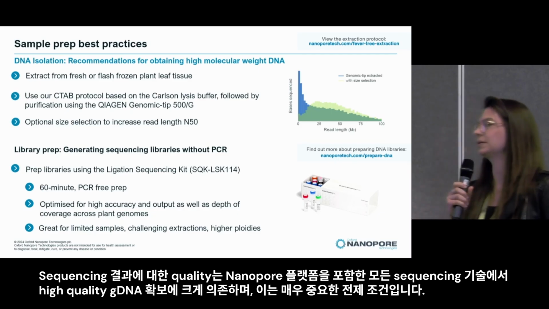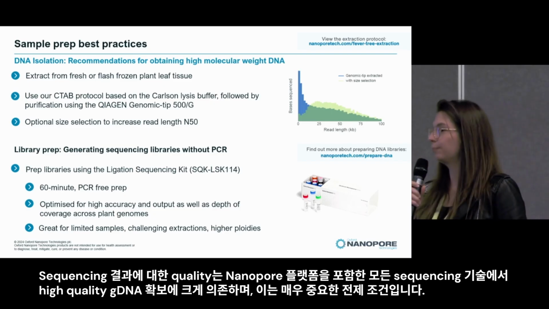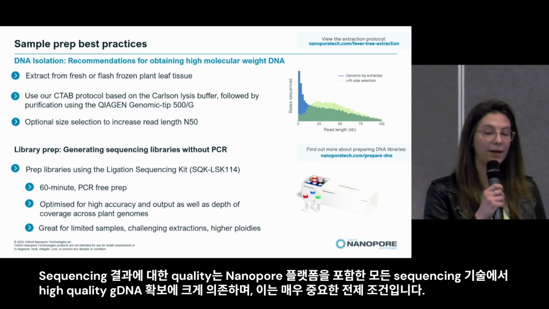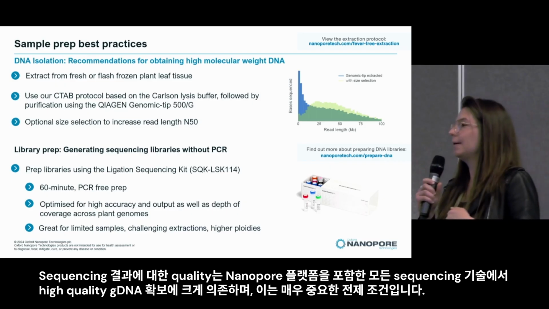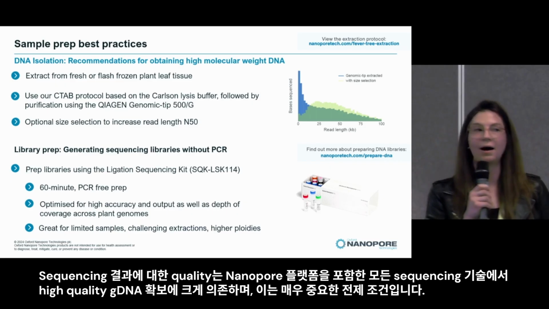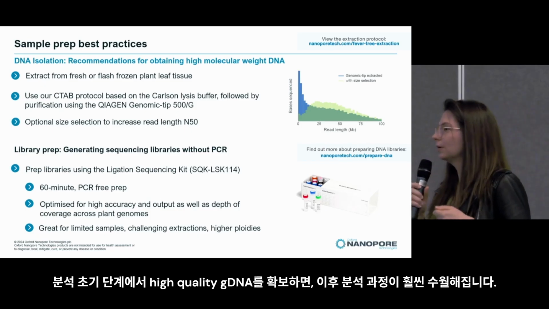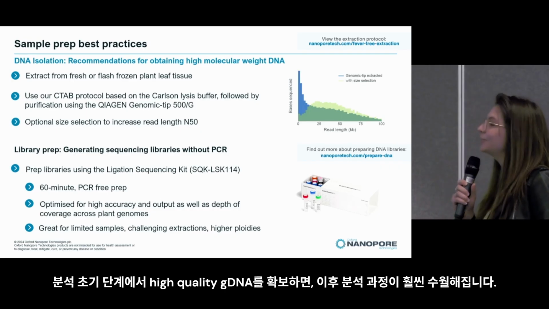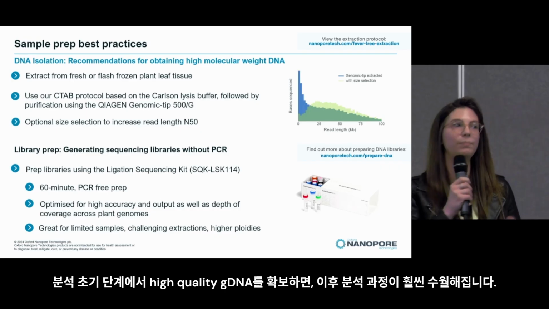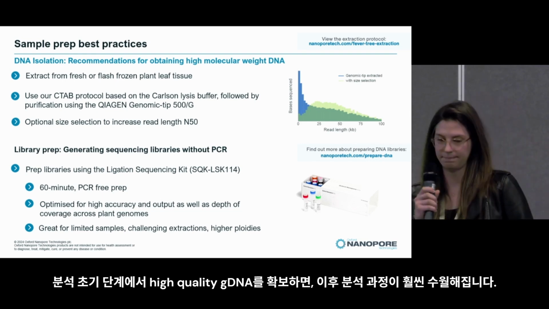And I can't stress enough in terms of sequencing, not just on a Nanopore platform, but on all platforms, that what is most important is starting with a high quality gDNA sample. Your life is made much easier downstream if you put a lot of consideration into this prep step.